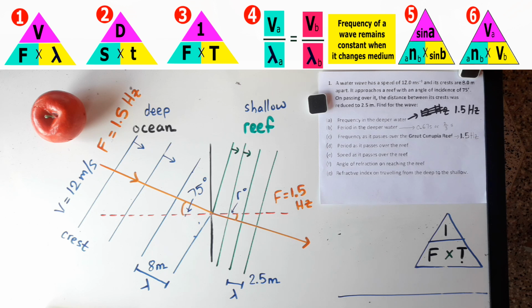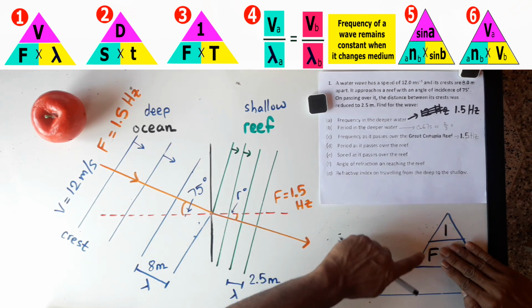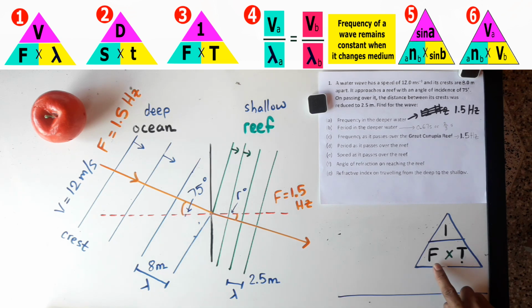The period as it passes over the reef. To calculate the period in the reef part is 1 divided by the frequency. Now the thing about it, frequency is dependent on the periodic time, and the periodic time is dependent on the frequency.